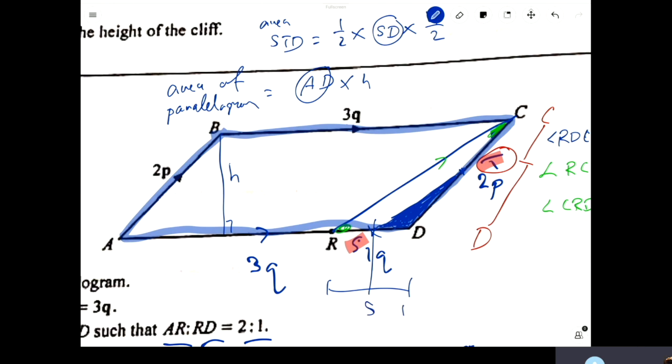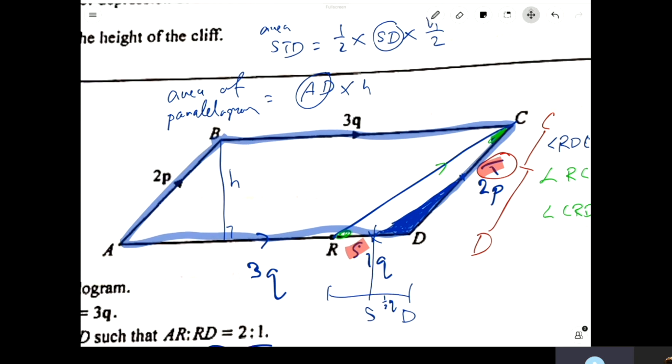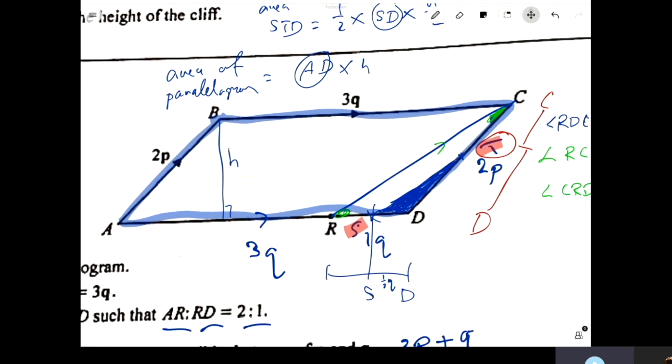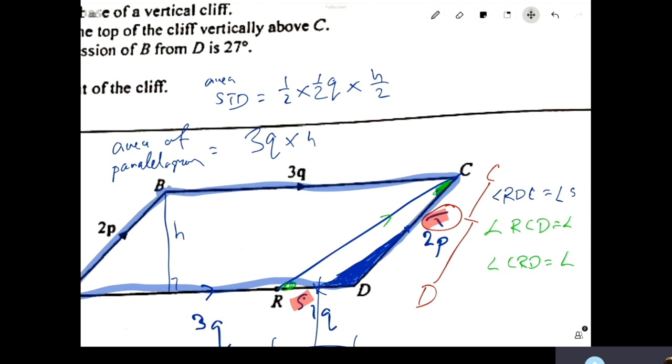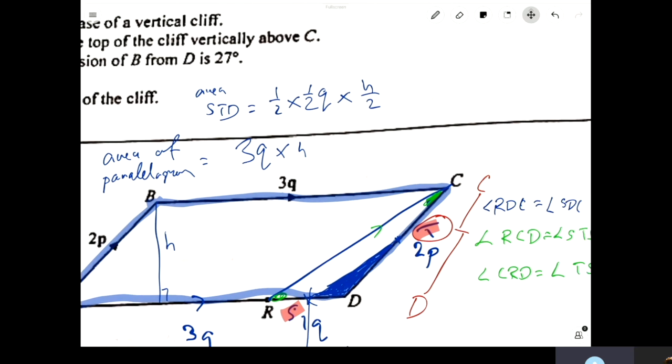SD is half Q. So I'm going to change everything to Q. You see AD is 3 units, so AD is 3Q, and SD is half Q. Okay, with the same units now, we can do a comparison.